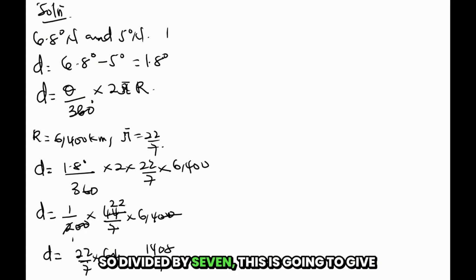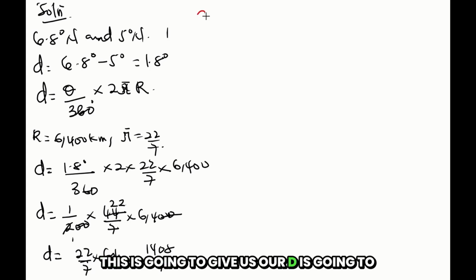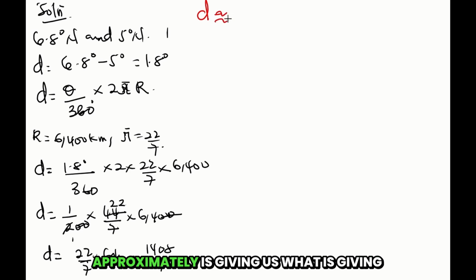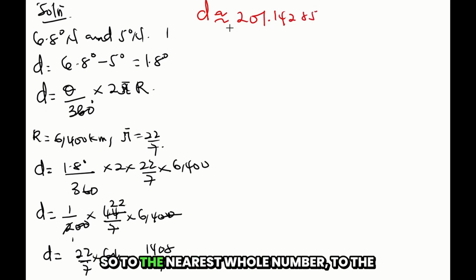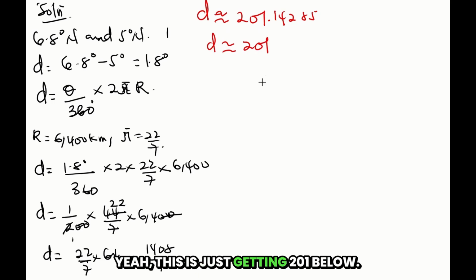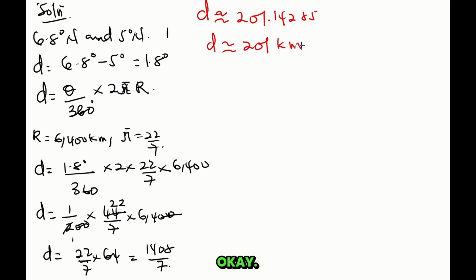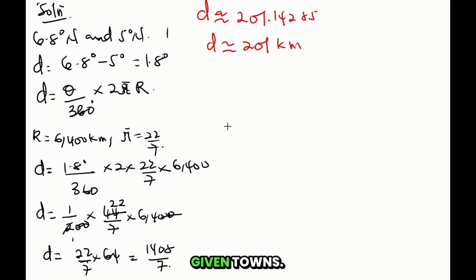So divided by 7, our d is approximately 201.14285. So to the nearest whole number, this is just 201 kilometers. Okay, so this is the distance between these two given towns.